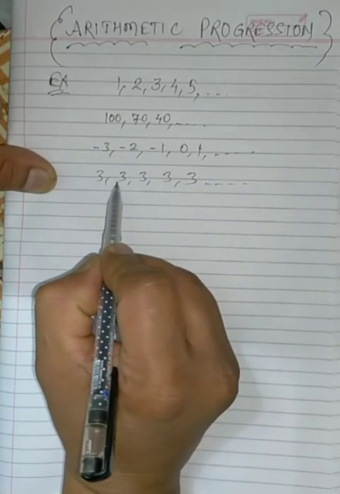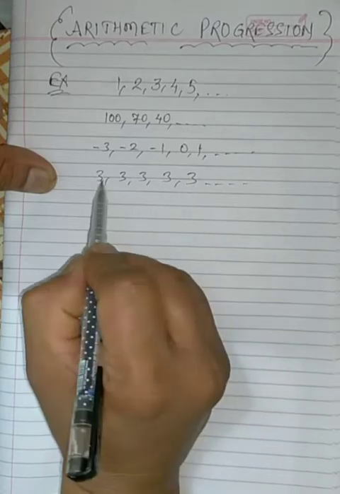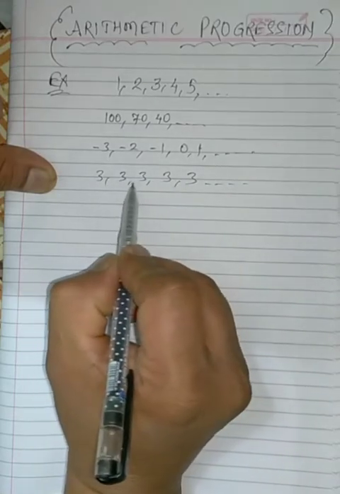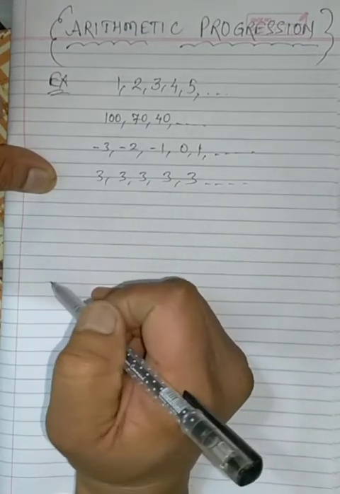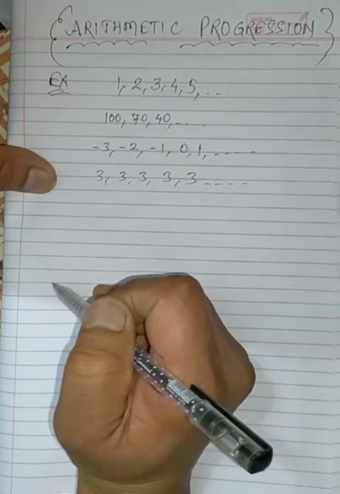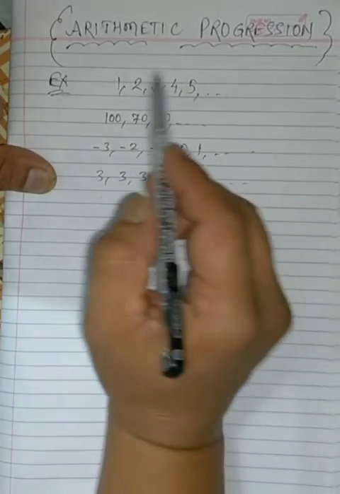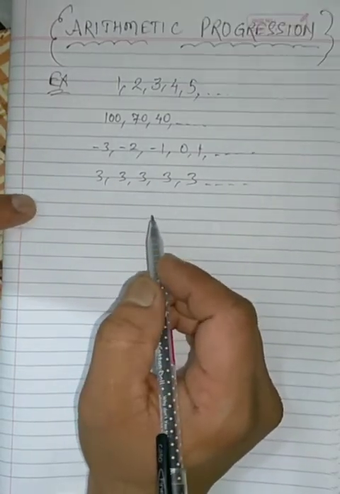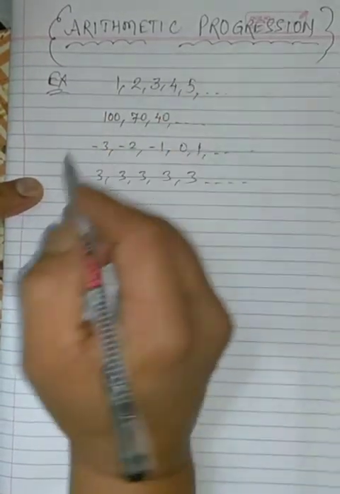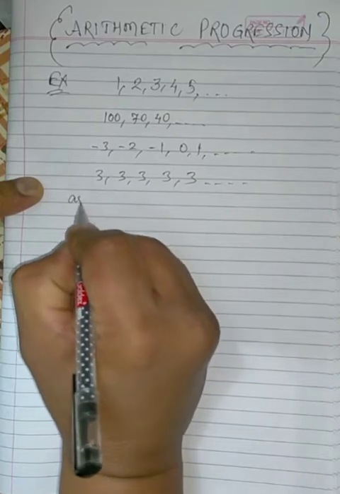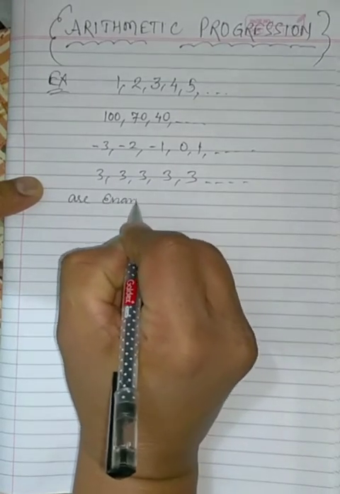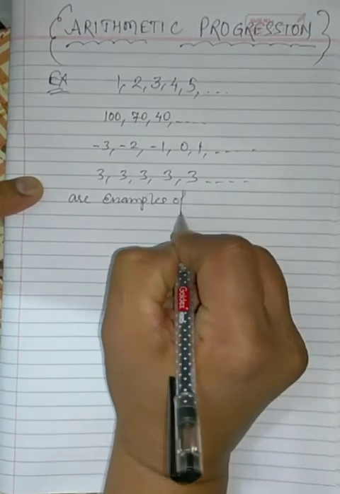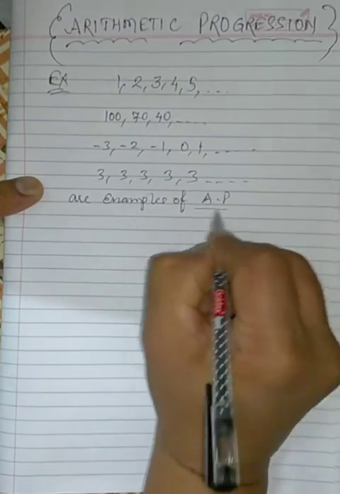Because there is a common difference, same difference between two numbers, and the difference is 0 everywhere. Right? So all these numbers are the list of progression which are at a regular interval. So all these are the examples of arithmetic progression.